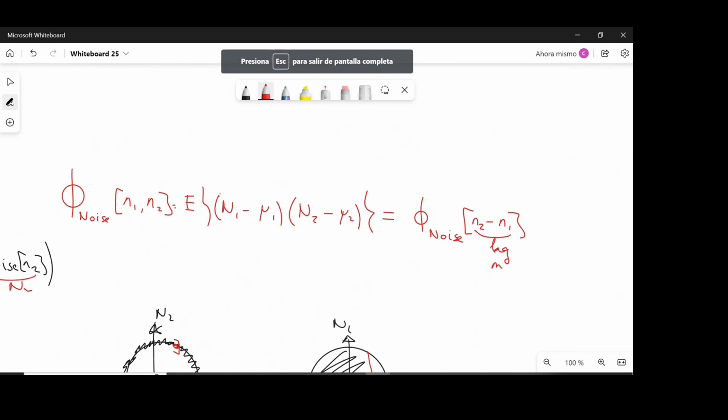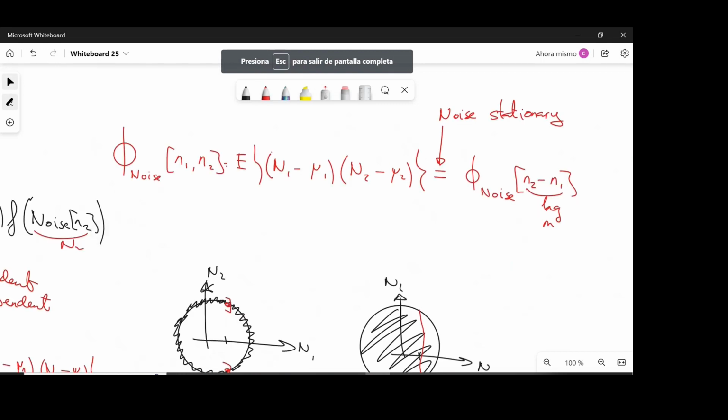Then the noise is said to be stationary. Have you heard that before? Stationary noise? Stationary means that the relationship between a pair of samples depends on how far they are from each other. They don't depend on where they happen.